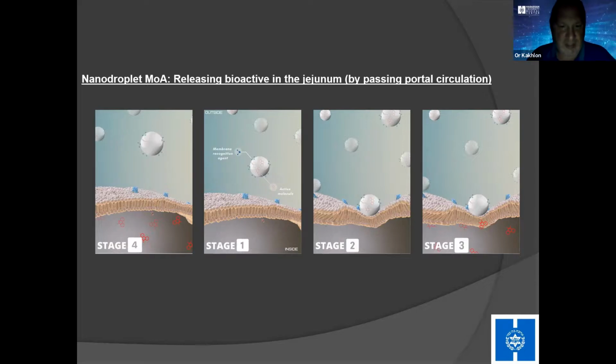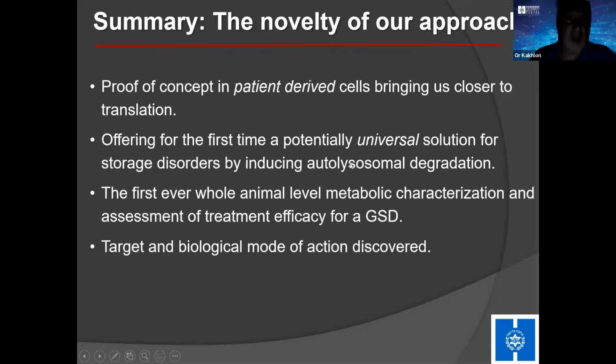So to summarize, the novelty of our approach is, first of all, and I didn't stress it enough, I think, that we have a proof of concept in patient-derived cells. We did all this basic screen in patient cells, which reduces the translational distance. It is the first time to offer a universal solution for storage disorders by inducing autolysosomal degradation.